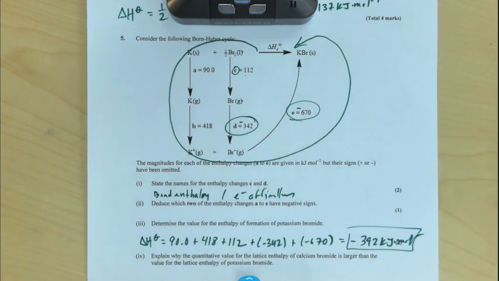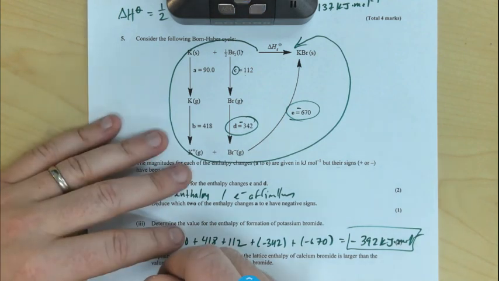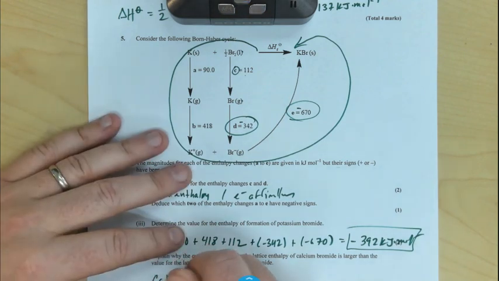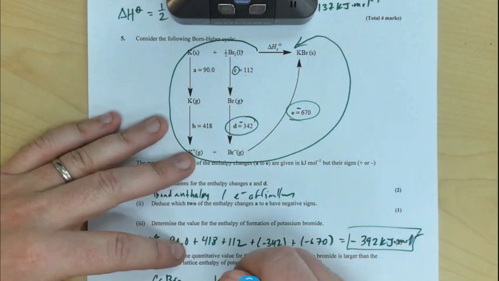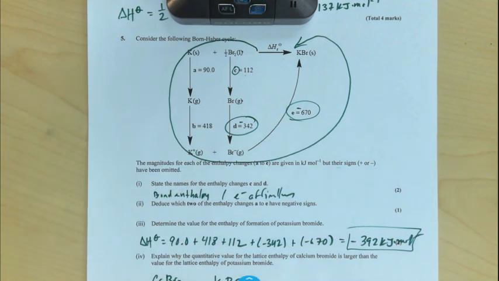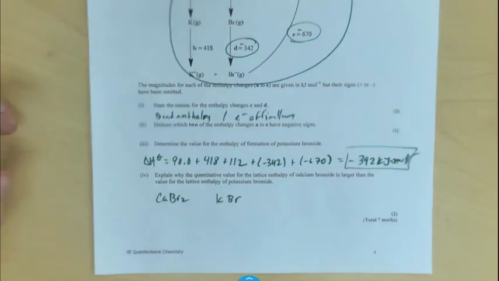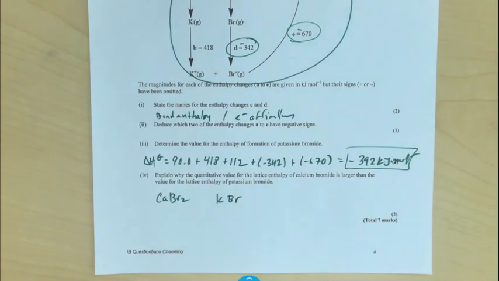And finally it says explain why the quantitative value for the lattice enthalpy of calcium bromide is larger than the value for the lattice enthalpy of potassium bromide. All right, so remember the two things that affect lattice enthalpy are the size of the ion, the amount of shielding in it, and its oxidation state, because a greater charge would mean a greater attraction between the ions, which would mean it would be harder to separate them.